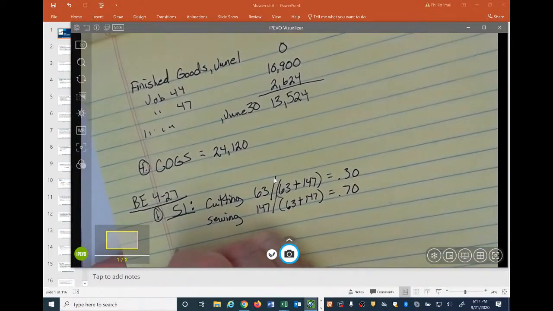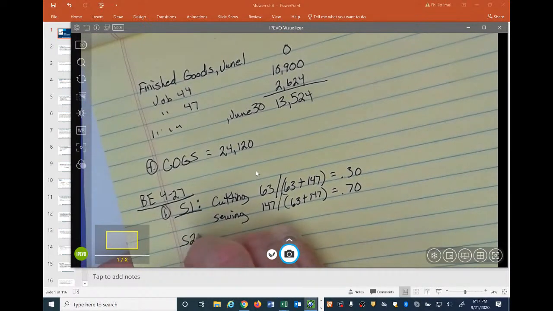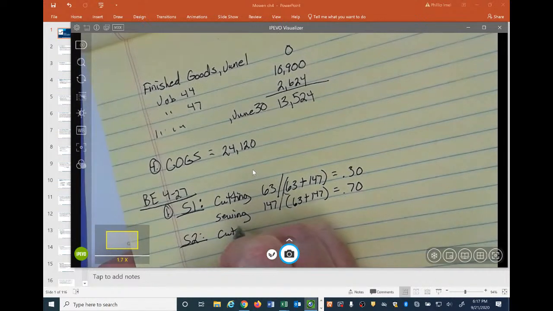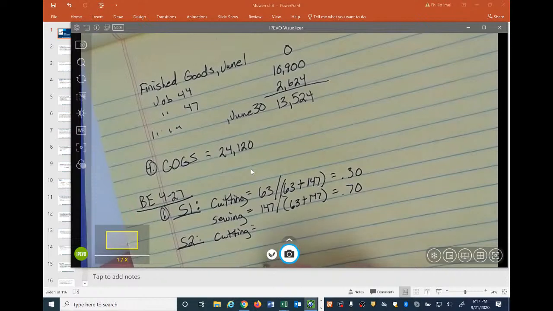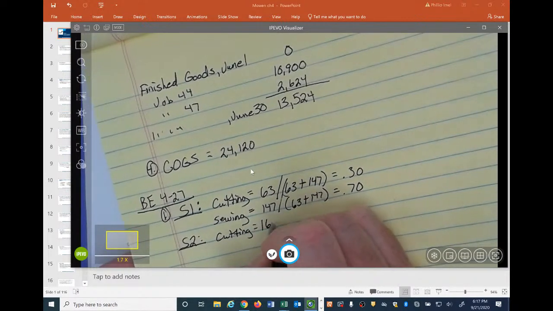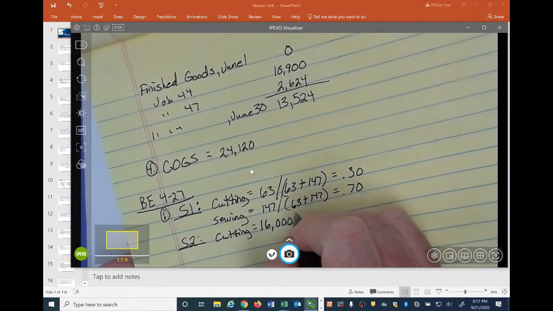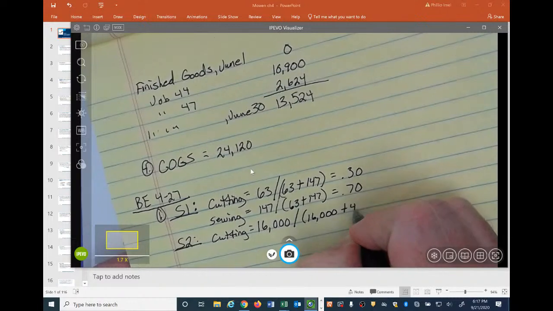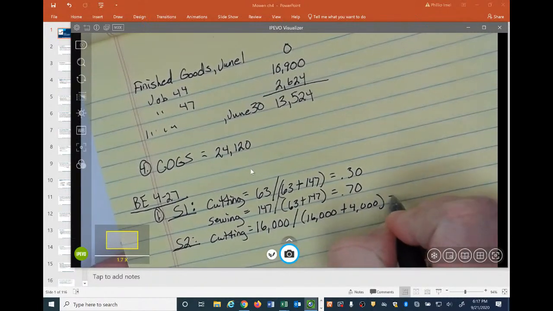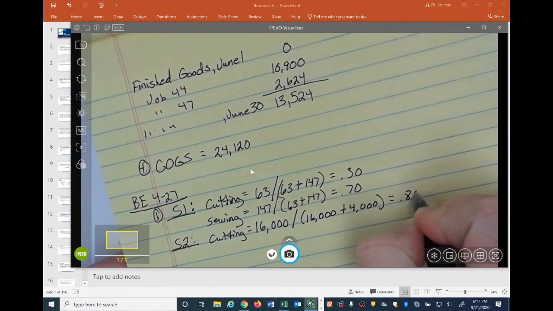So for S2, cutting was 16,000 divided by the 16,000 plus the 4,000, and that equals 0.80.